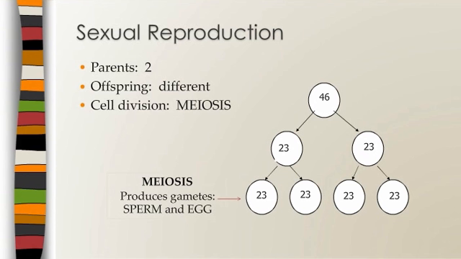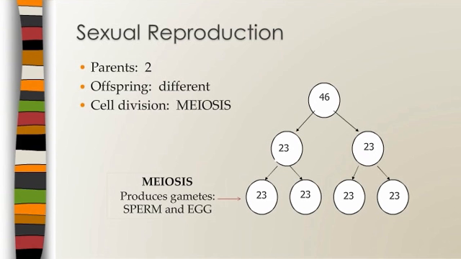Therefore, it's called reduction division because it reduces the number of chromosomes by half. Then, each of those cells is split again. So you end up with 4 gametes, each with 23 chromosomes. It does not split in half a second time.